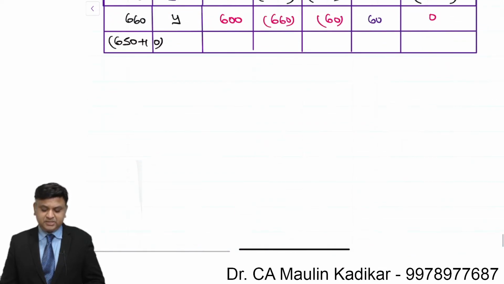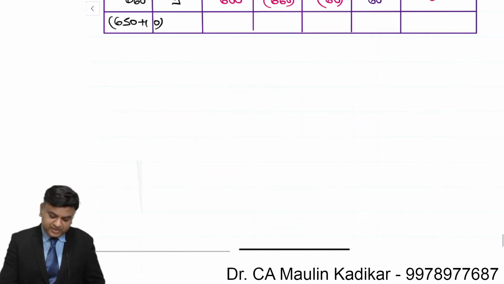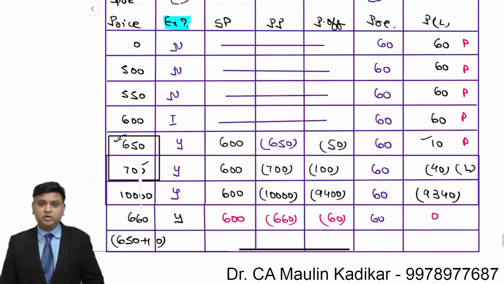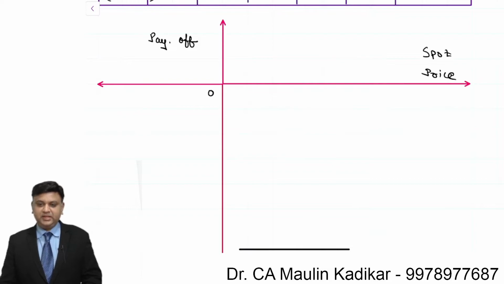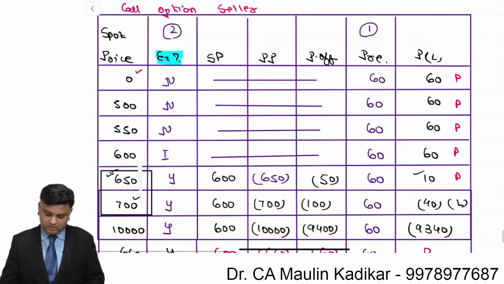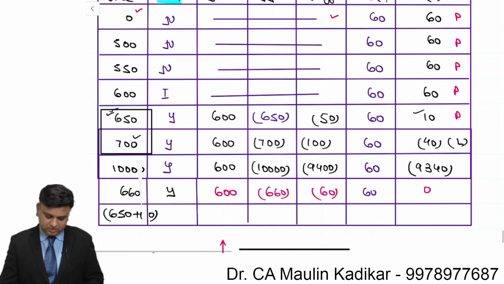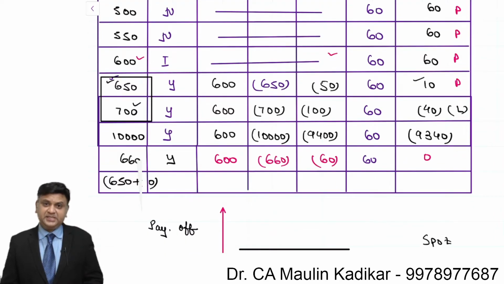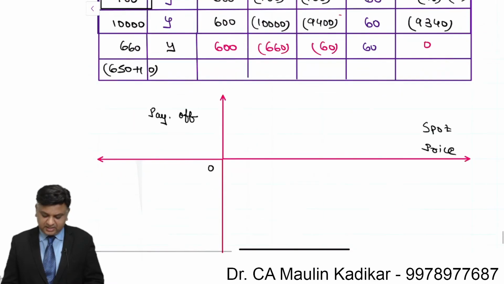Again there are two diagrams that we are required to draw. One is the payoff diagram and another is the profit loss diagram. Please draw both the diagrams on your own. Let us see the payoff diagram. When the spot price is 0, the payoff is 0. Till the time the spot price is 600, that is equal to exercise price, the payoff is 0. When the price increases, then the payoff is negative, and it is like unlimited negative.